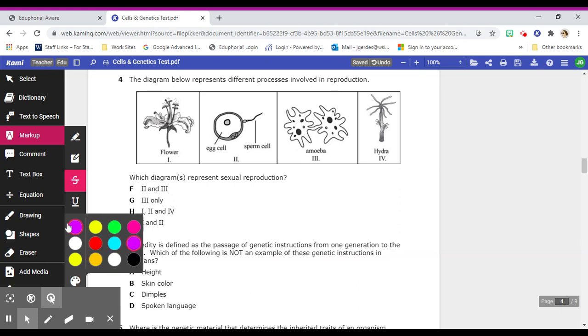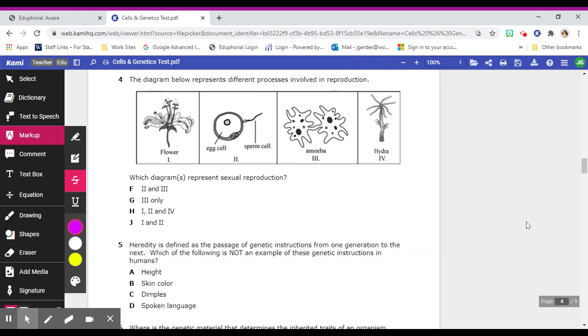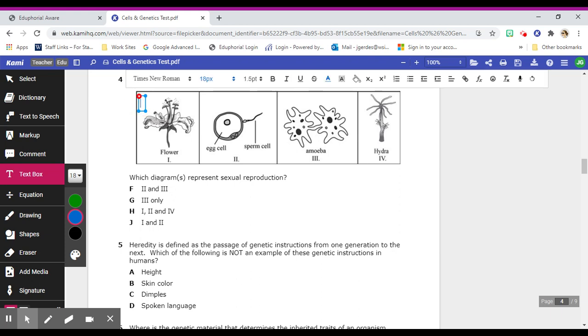Okay, question 4. The diagram below represents different processes involved in reproduction. Which diagram or diagrams represent sexual reproduction? We talked about this in class. Remember, flowers are sexual.